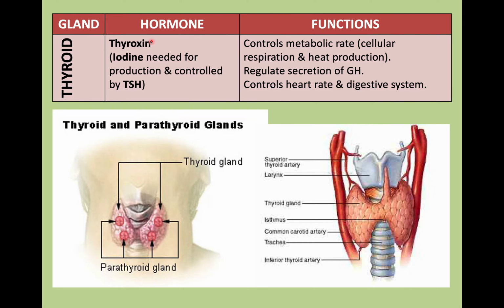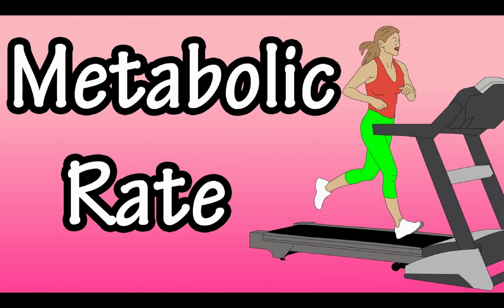By the thyroxin stimulating the enzymes used in our respiration, what can it do? It can raise the respiration rate and release energy more quickly. So when there's more energy, it increases the working rate of our cells, which is called the metabolic rate. And this affects everything in the body.